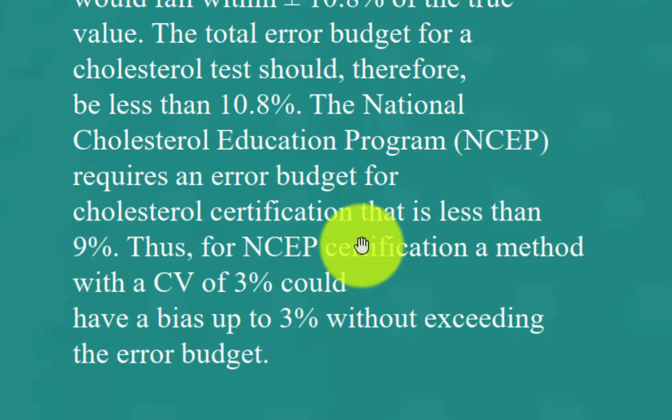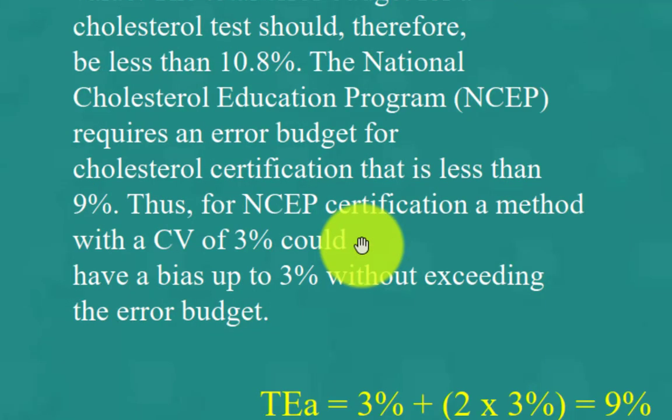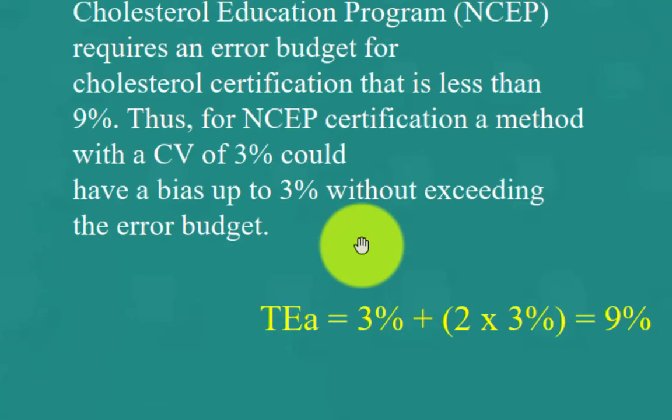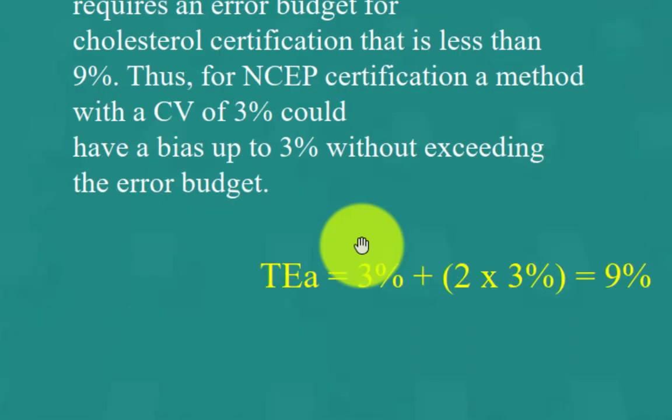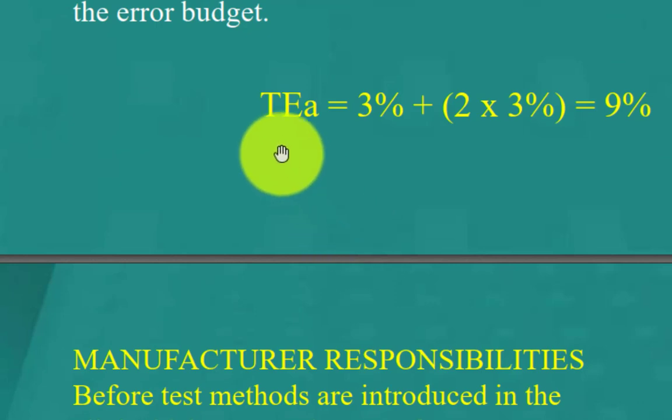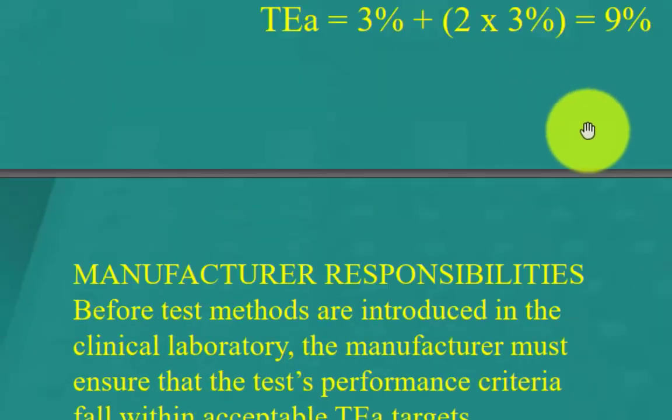The National Cholesterol Education Program requires an error budget for cholesterol certification that's less than 9%. Thus, for NCEP certification, a method with a CV of 3% could have a bias up to 3% without exceeding the error budget. TEA equals 3% plus 2 multiplied by 3%, which is 9%.